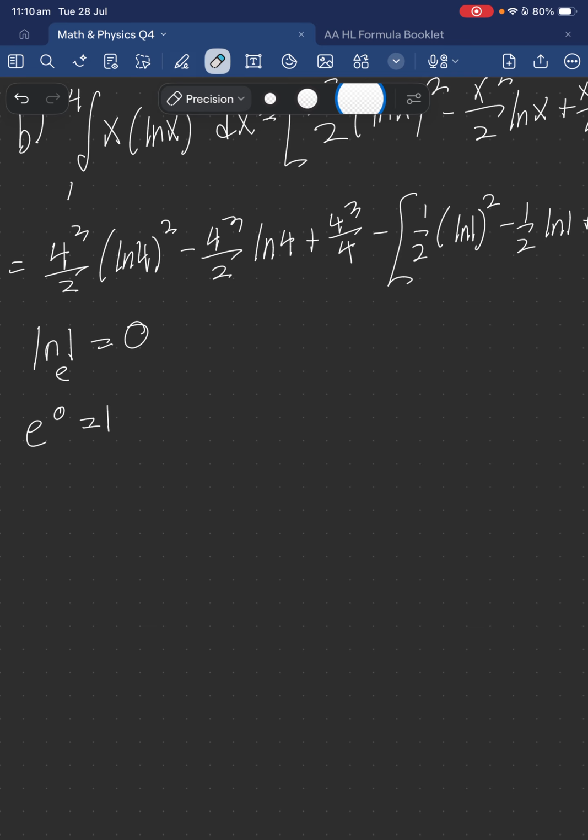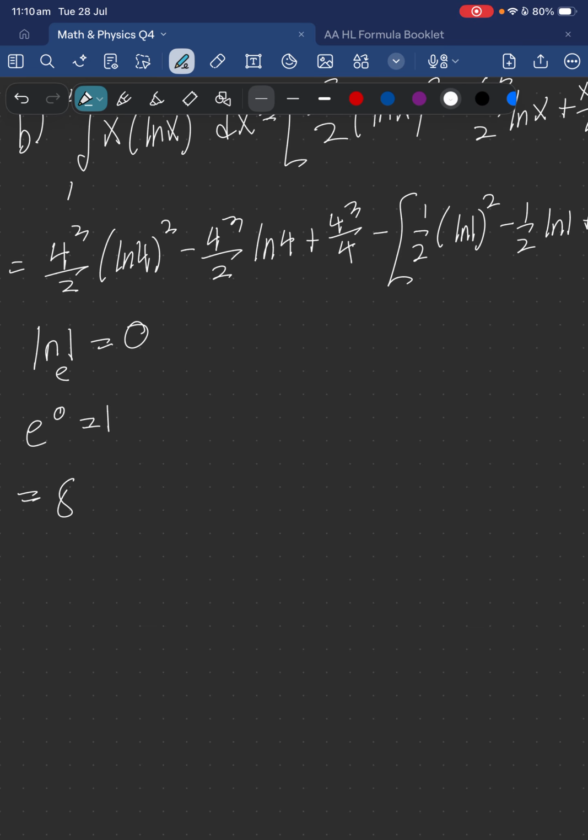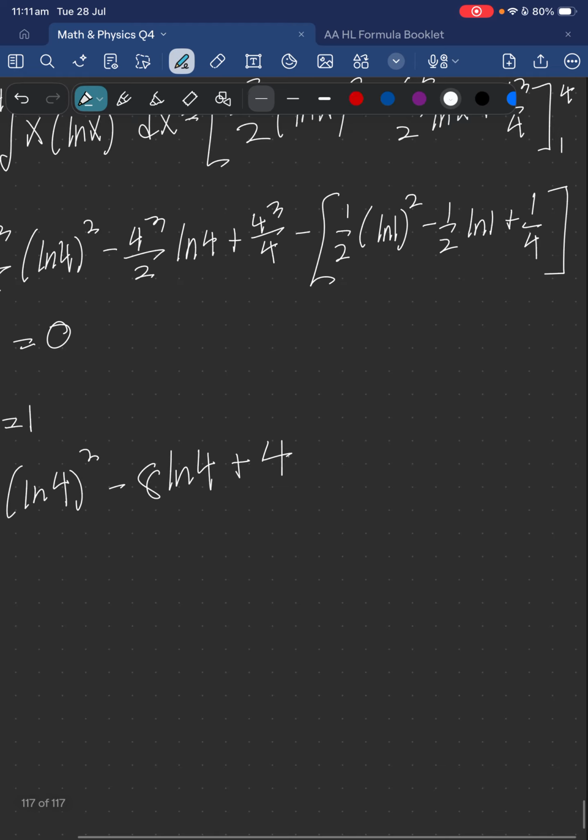So anyways, simplifying, we get 4 squared over 2, which is 8, multiplied by the natural log of 4 squared minus 8 natural log of 4 plus 4, minus 0 plus 0 minus 1 over 4.